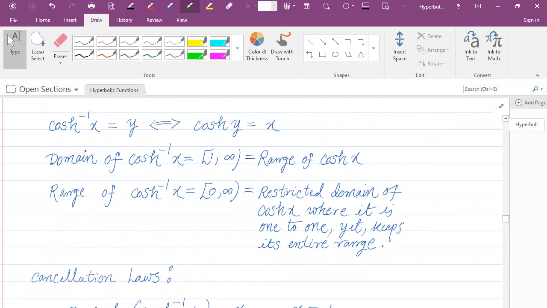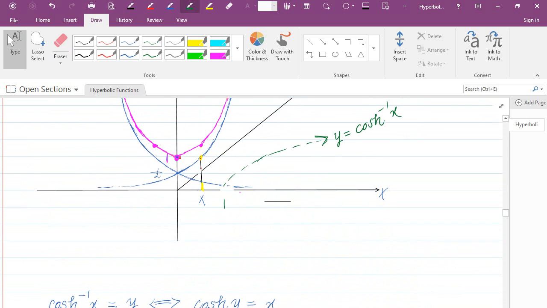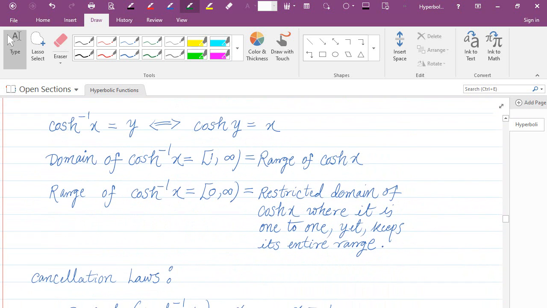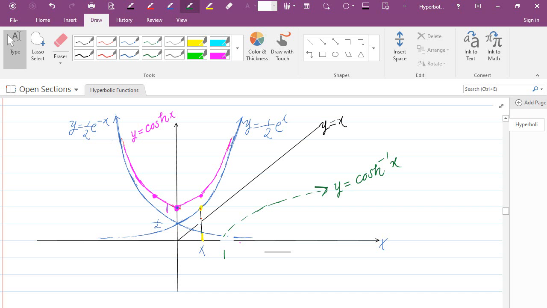So hyperbolic cosine inverse of x is y if and only if hyperbolic cosine of y is x. The domain of the hyperbolic cosine inverse of x is from 1 to infinity, and the range of the hyperbolic cosine inverse of x is from 0 to infinity.